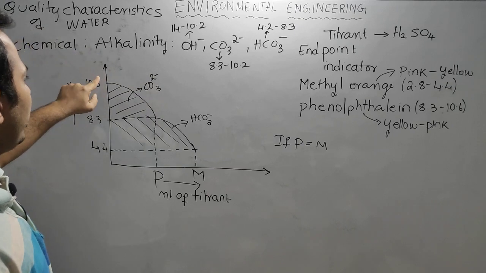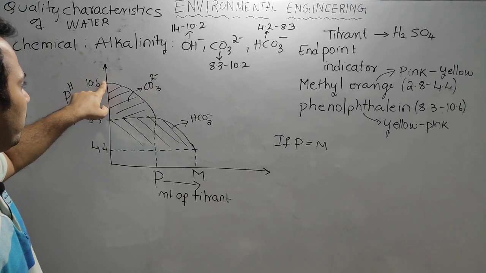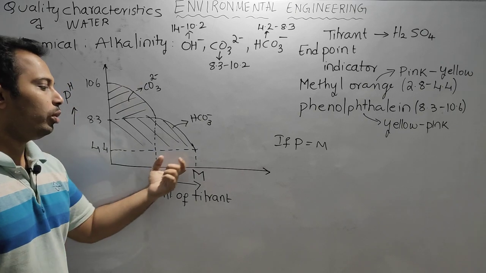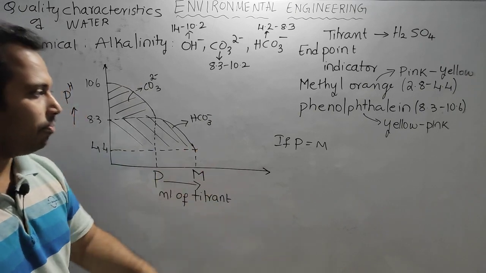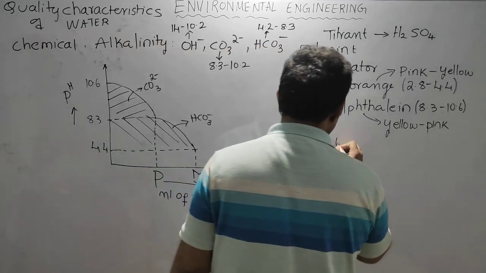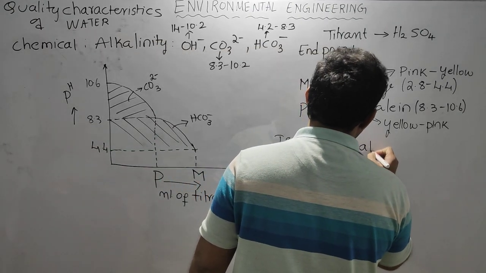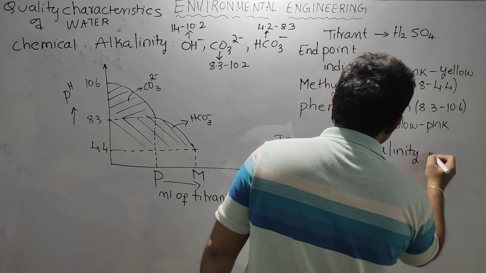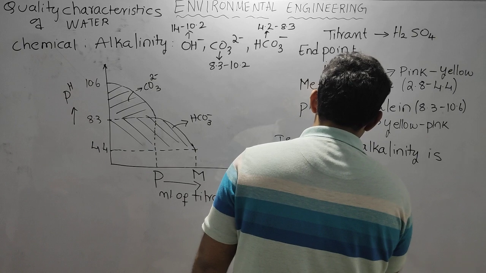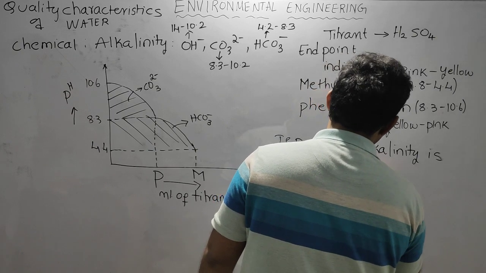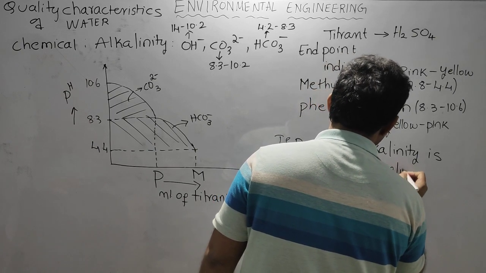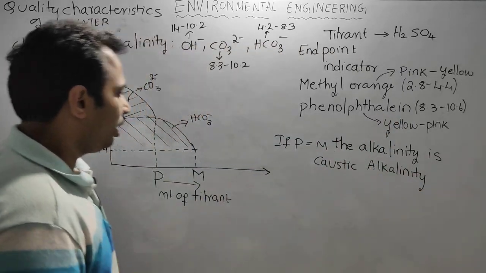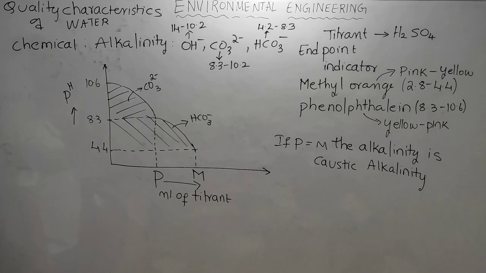So only if OH- alkalinity is present will you have P equal to M. So if P is equal to M, the alkalinity is caustic alkalinity. This is a very simple concept but a little confusing, so you need to understand it clearly.